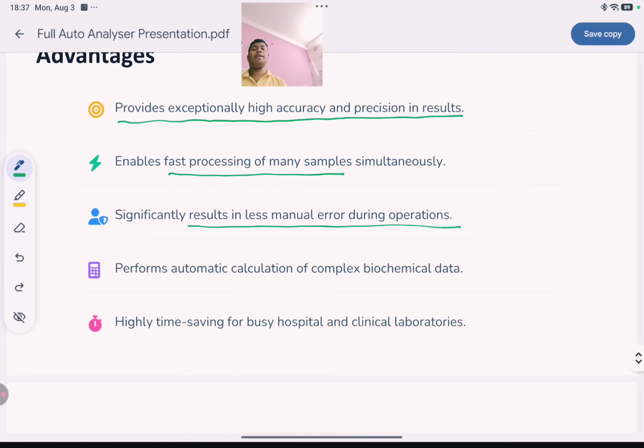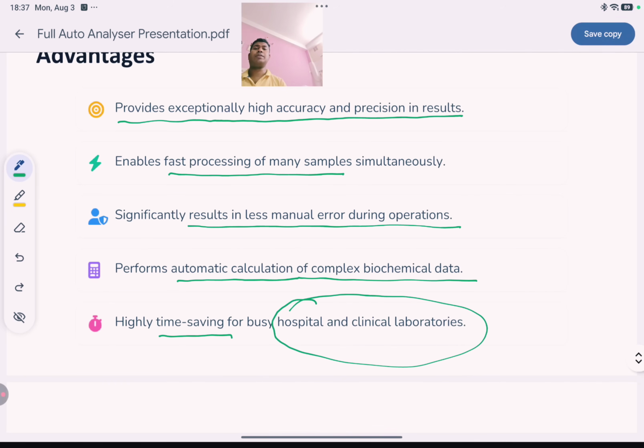It also helps us to perform automatic calculations of complex biochemical data, and it is time saving. It is very helpful for hospital and clinical laboratories, as it helps to get many patient results in a very small amount of time. So it is very much time saving for us.